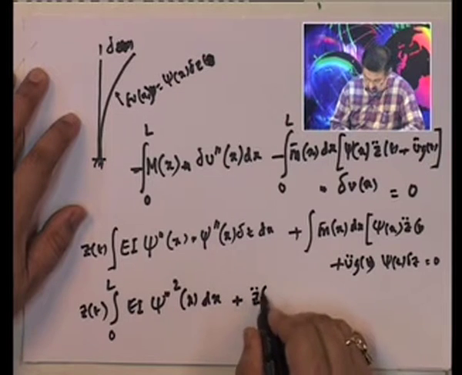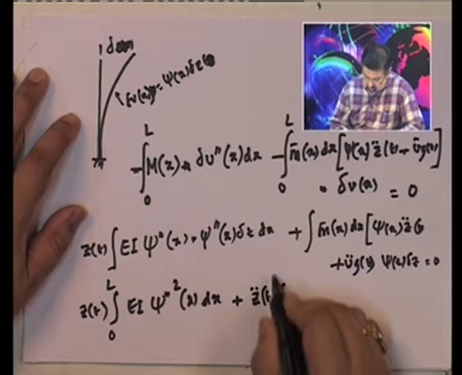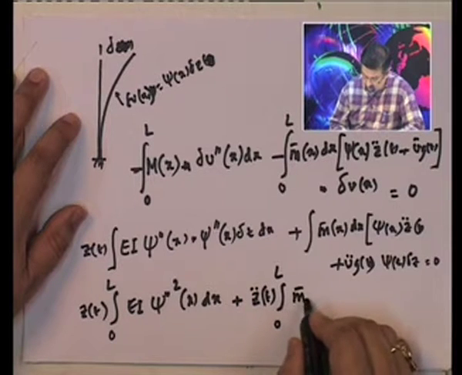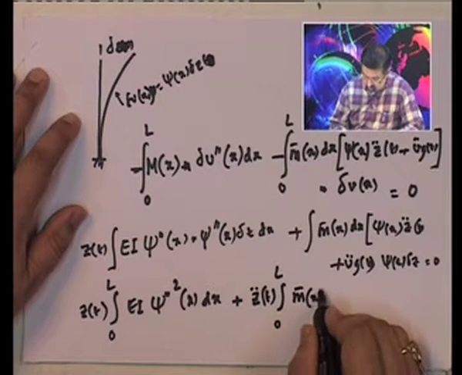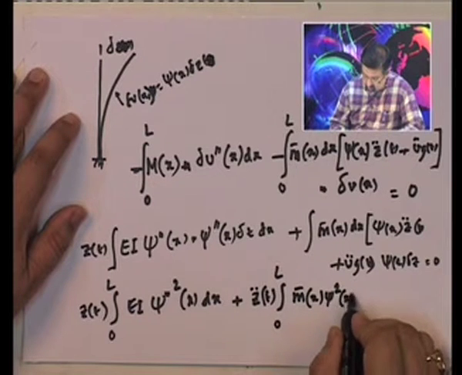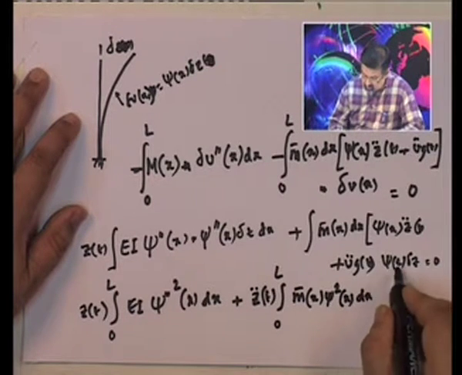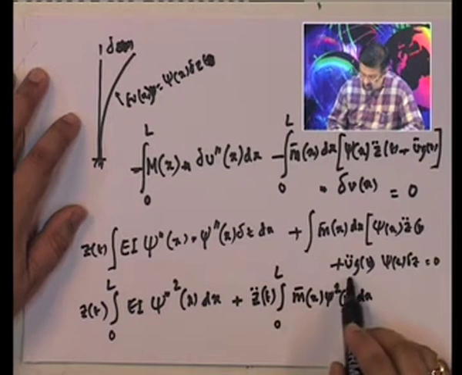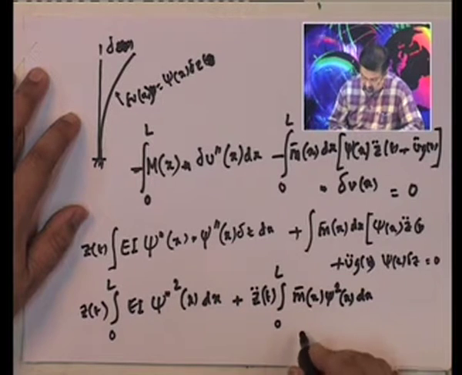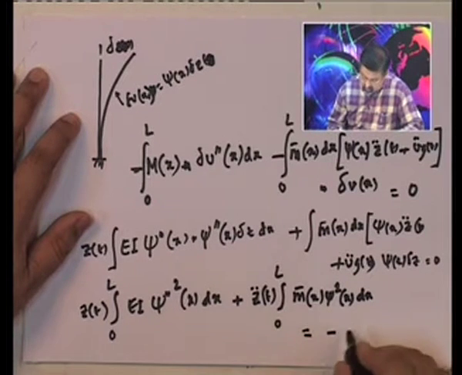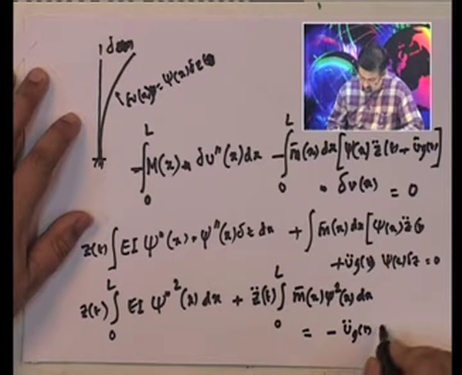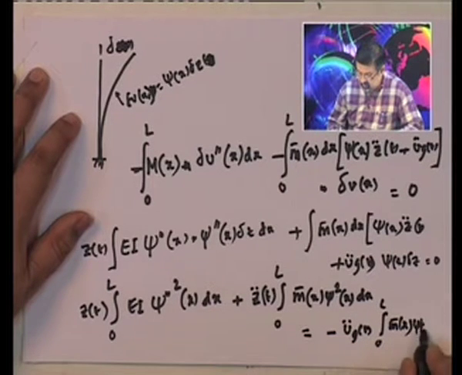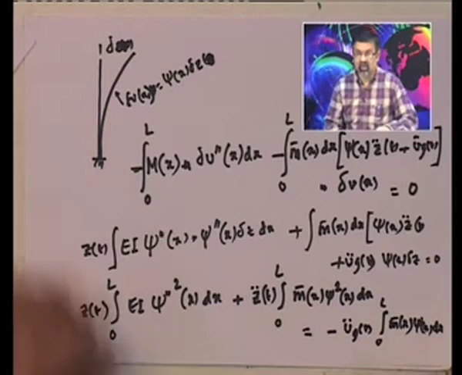So, this is going to be z x, integral 0 to L m bar x xi squared x dx, because of the xi x dx, and I am going to take this term, which is the Vg term, on the other side. So, this is going to be equal to minus Vg times integral 0 to L m bar x xi x dx.